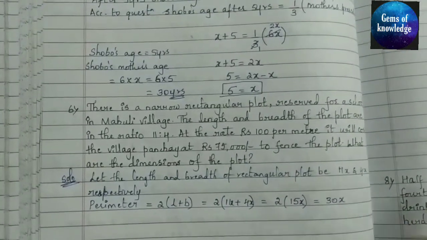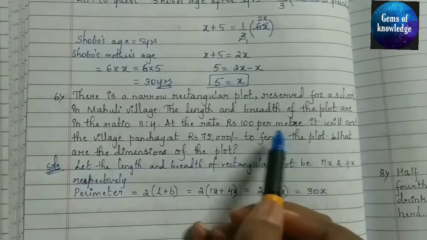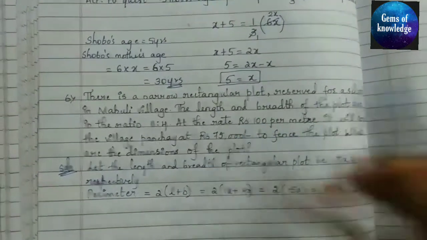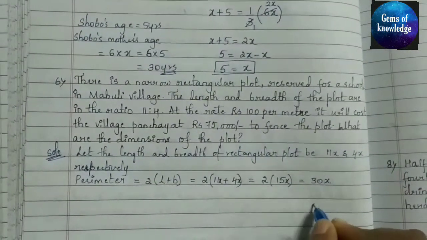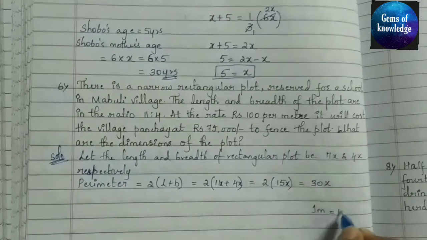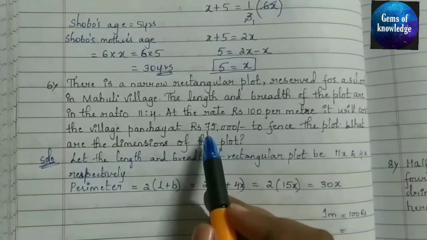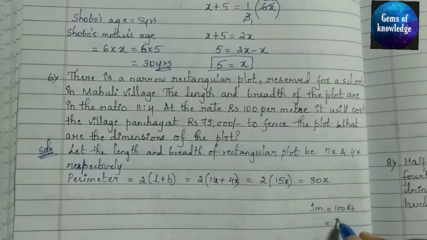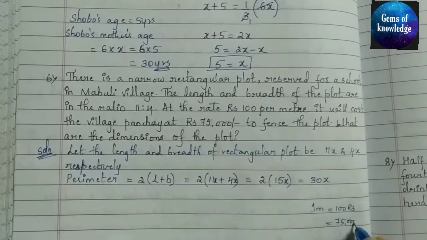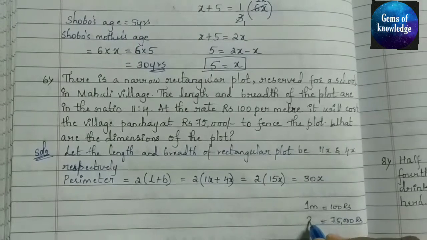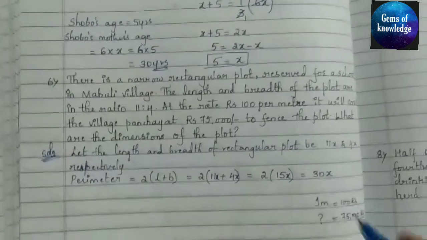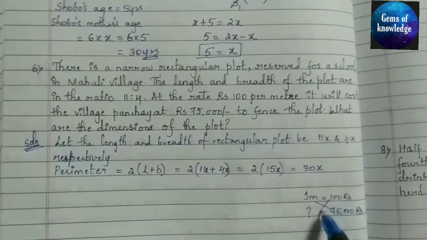Okay, so now you can see here for 1 meter it is given as rupees 100. So let us consider here 1 meter it is given as rupees 100. So panchayat members are having rupees 75,000. So 75,000 rupees will be how much meter? So what we have to do here, let us cross multiply here.